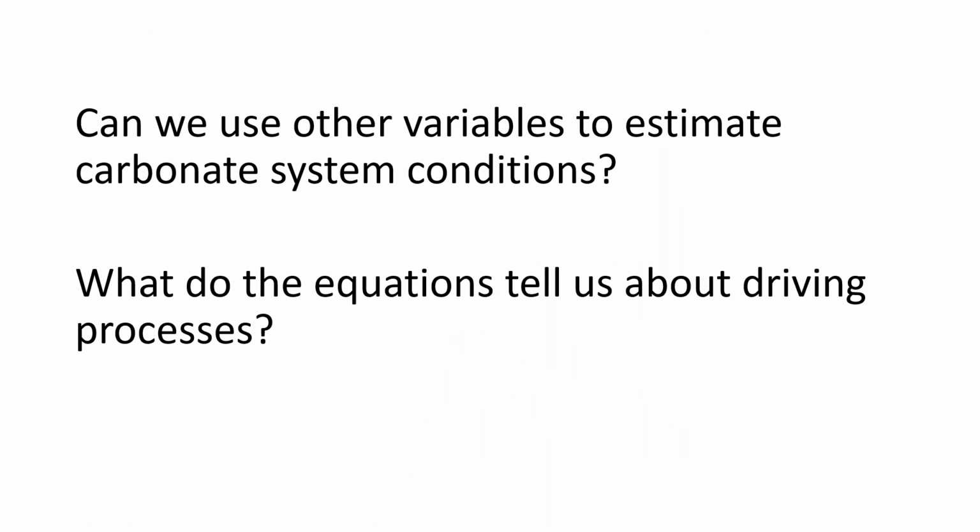So we asked if we can take advantage of measurements of other variables that reflect the same processes that are affecting the carbonate system to estimate the carbonate system conditions. And we also asked what the equations tell us about driving processes so that we could get a better understanding of how these processes affect the carbonate system.